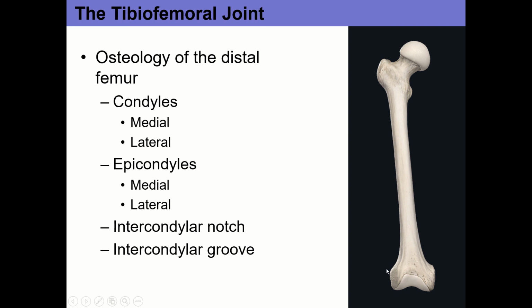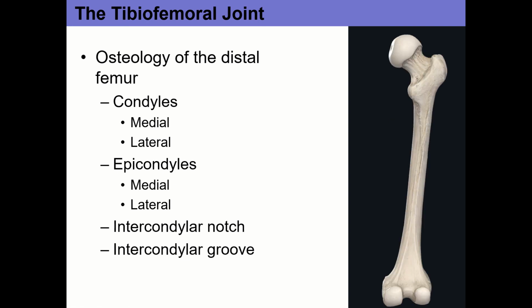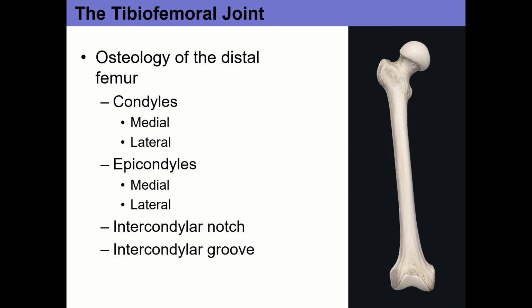Other things, intercondylar groove. So the intercondylar notch is on the posterior aspect, also referred to as the intercondylar fossa. So the intercondylar notch tells you where it is, between the condyles, and so it's a big notch or fossa, an indentation there. So that is your intercondylar notch. The intercondylar groove is this space here.